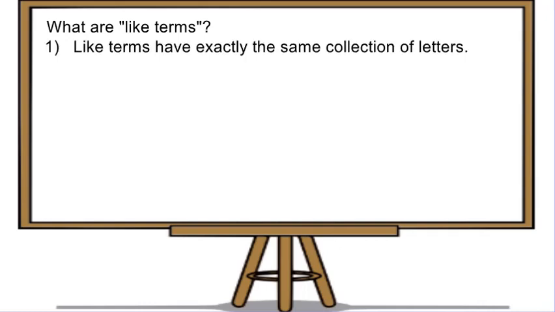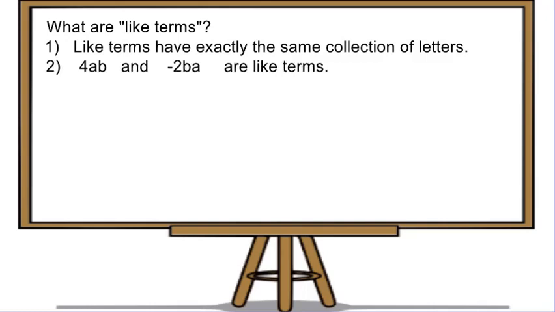Now, let's move on to the next key term. So, what are like terms in algebra? First, like terms are the terms which consist of the same letters. The numbers, if they are different, do not impact the fact that the two terms are still like terms.